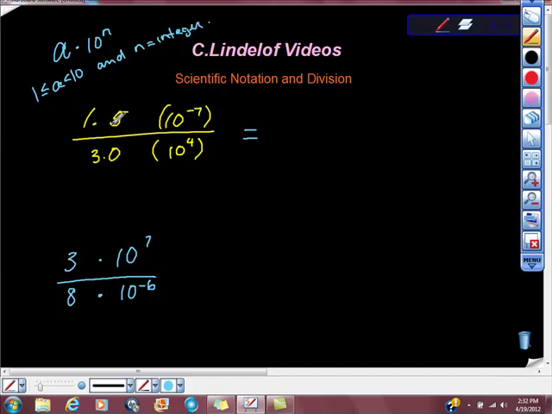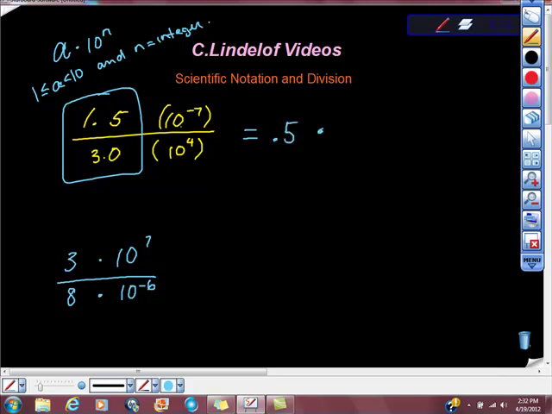Here we have 1.5 over 3.0, which is 0.5, right? This is 1/2, isn't it? So 1/2 is equal to 0.5.